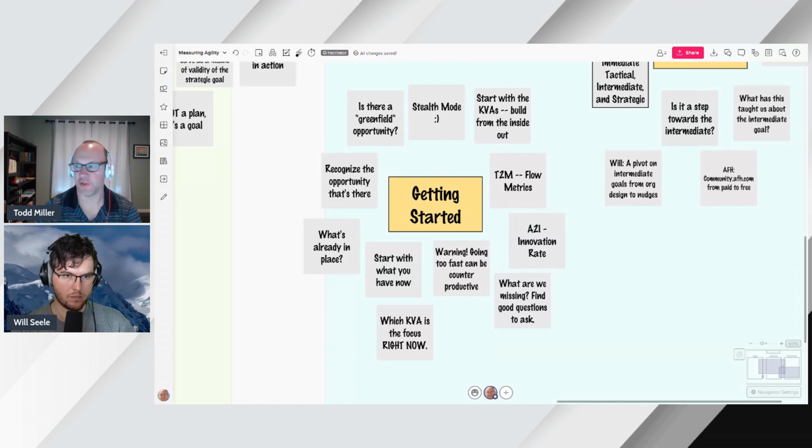Right. I think in broader terms, most organizations that we talk to, I would say maybe 60% are here. Right. This is what they're looking at: time to market. And when you're exclusively looking at time to market, there can be both positive and negative consequences to that. And so I put a thing here. What are we missing? Find good questions to ask. Maybe if we're entirely focused on time to market and flow metrics, our ability to innovate is terrible.